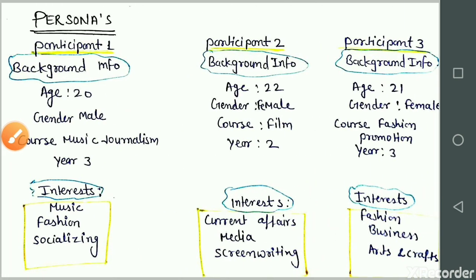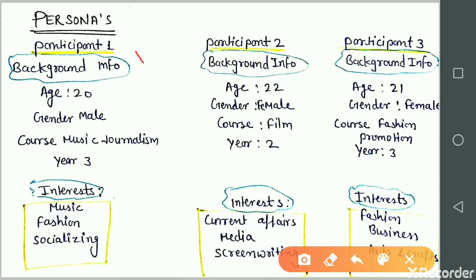So these are the categories and characteristics of different students and participants who will take part in the experiment. And next one is simple background information and interest of the particular participant. The first half represents the background information of the 3 participants, and last we have the interests of the participants.